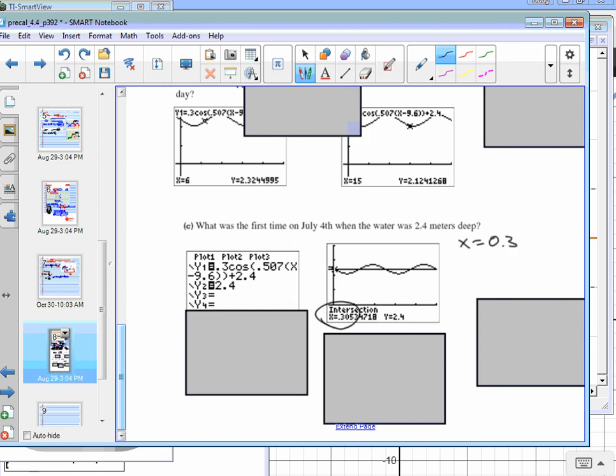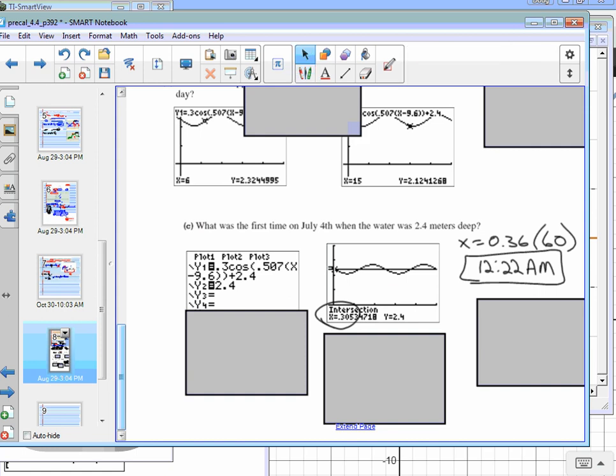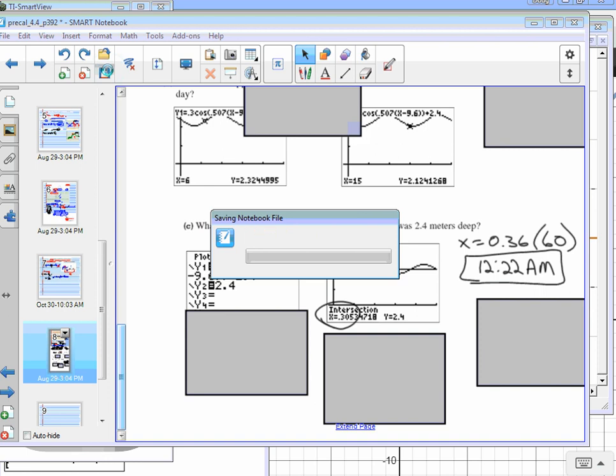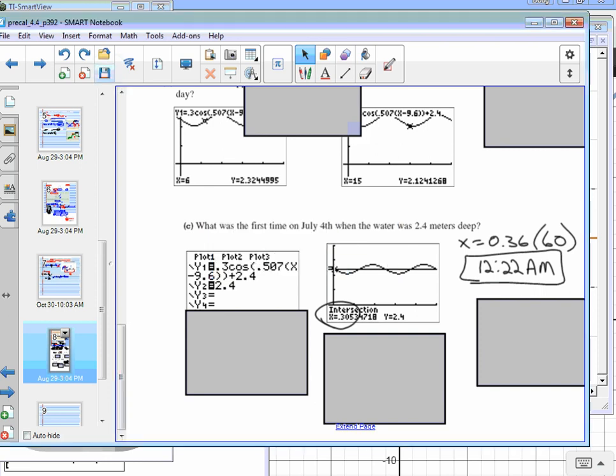If I take 0.36, well, what's 0.36 times 60? 21. So 22. So at 12:22 a.m. That was the very first time, since time 0 is midnight, 12 o'clock. There you go. Sinusoids. Anything that's periodic, we can model with sinusoids. It gets really exciting.